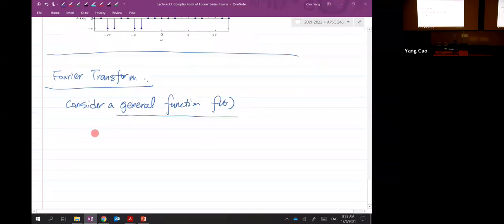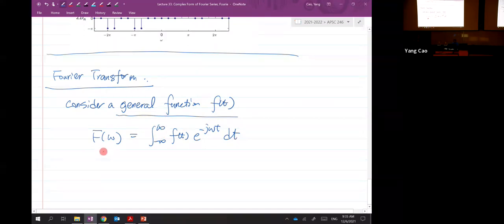Then I can conduct the following transformation on f of t. So here's the formula. You integrate f of t multiplied by e to the power j omega t, and integrate with respect to t from negative infinity to positive infinity.